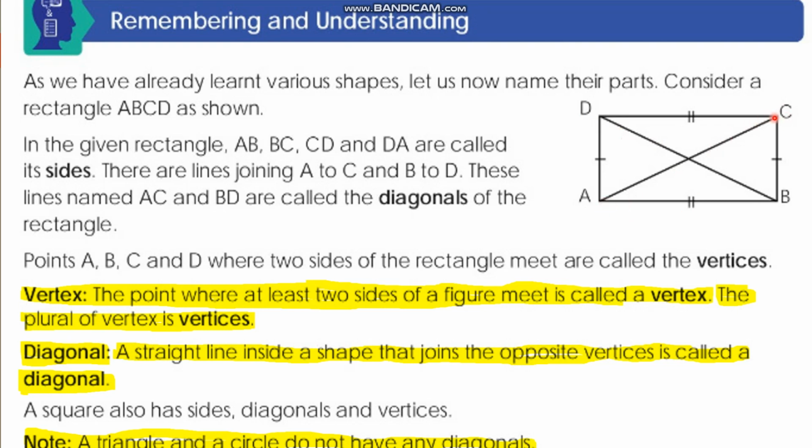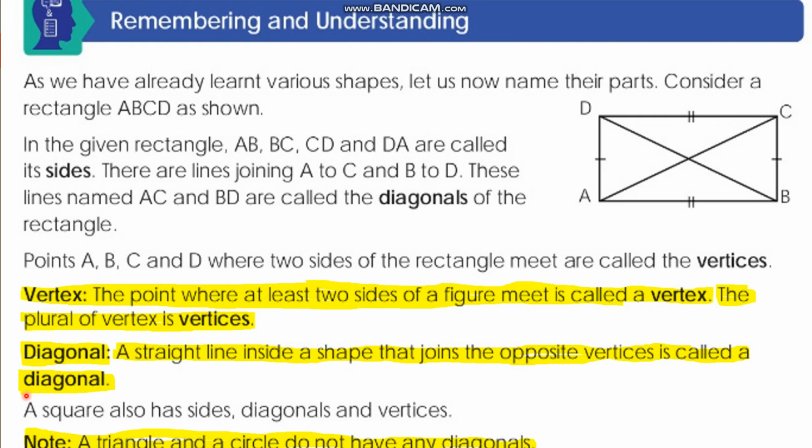This is a vertex, and in the opposite side of this vertex, which vertex is coming? That is A. Okay, the opposite of C is A. So the line segment which joins the opposite vertices of a shape is called a diagonal.